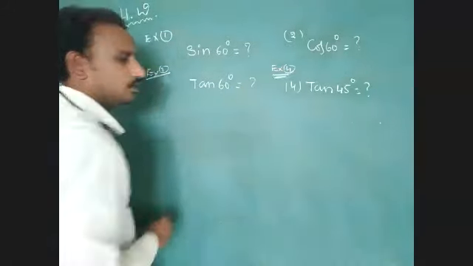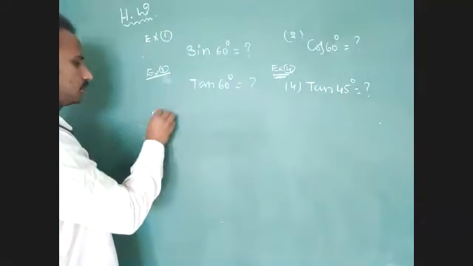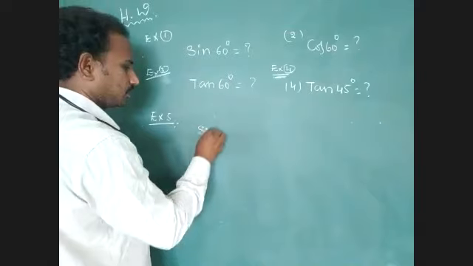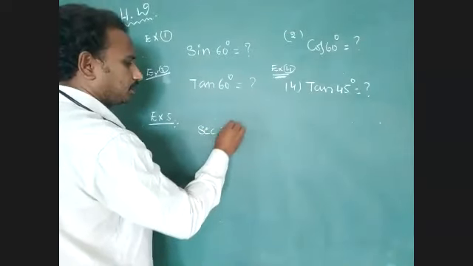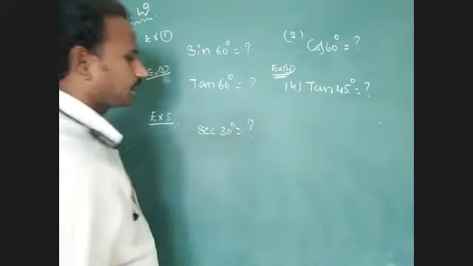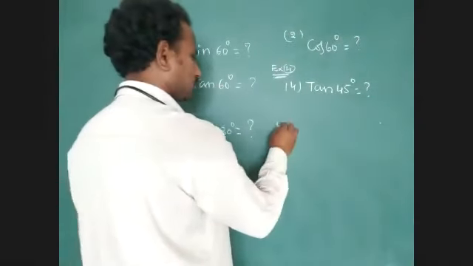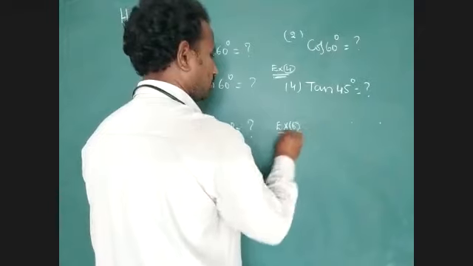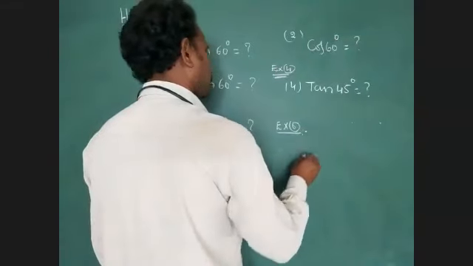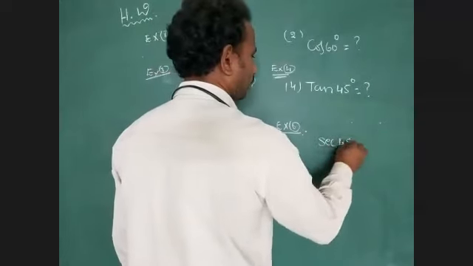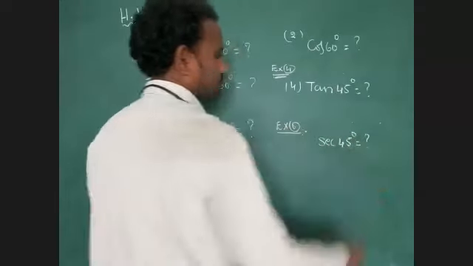Example 5: secant 30 degree equal to question mark. Example 6: secant 45 degree equal to question mark.